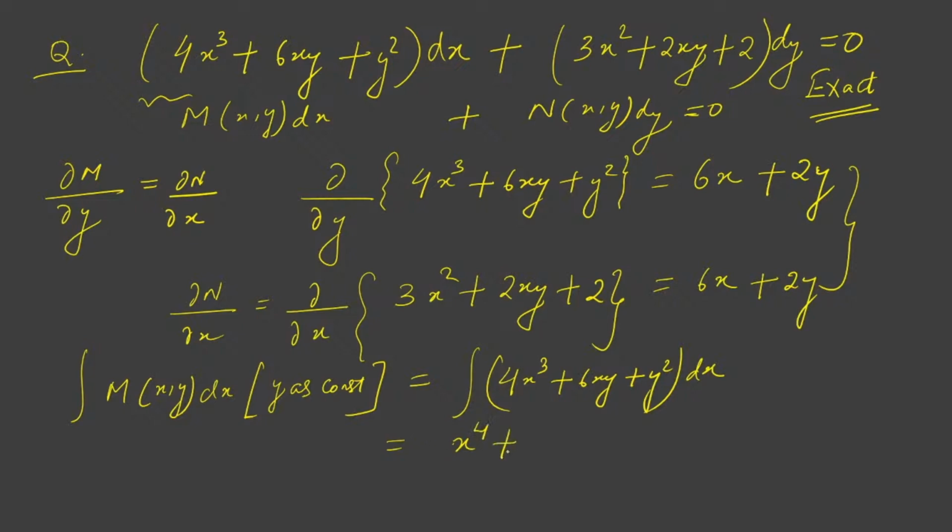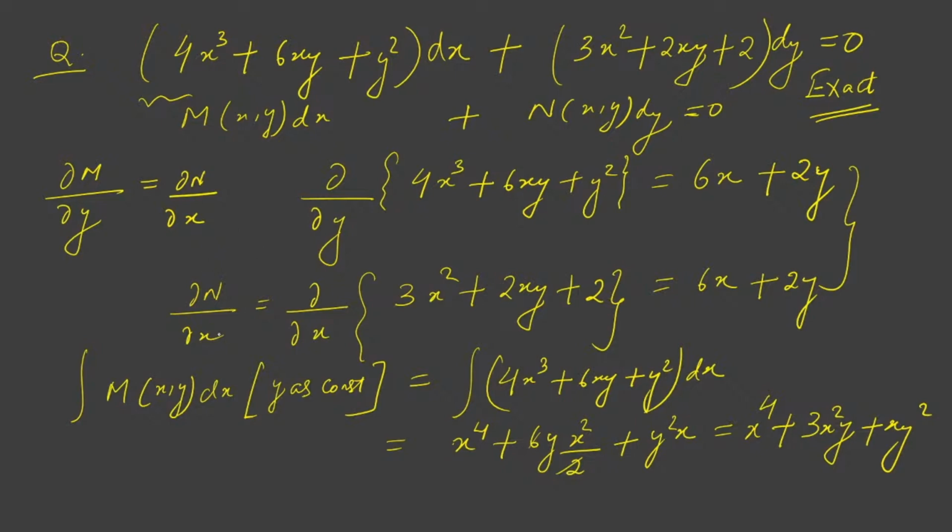Plus 6y is constant, so x square by 2. Plus y square is constant, and the integration of dx gives x, so y square x. You can reshuffle it and write: x to the power 4 plus 3x square y plus xy square, because here it is 6 and the denominator is 2, so it becomes 3x square y. So this is the first integration.